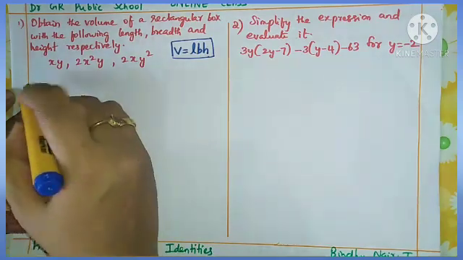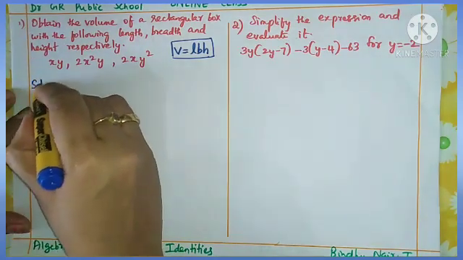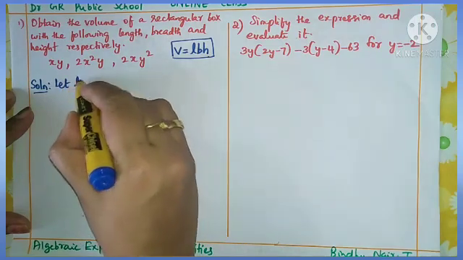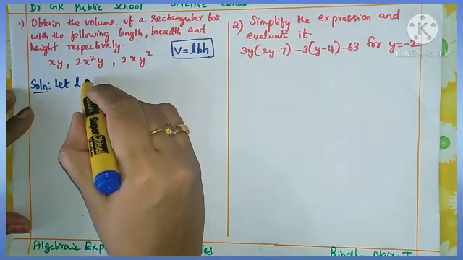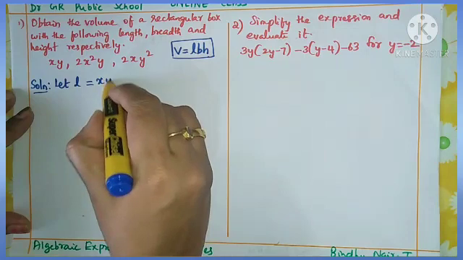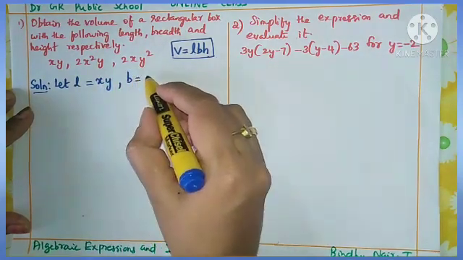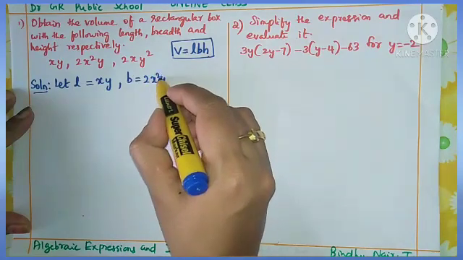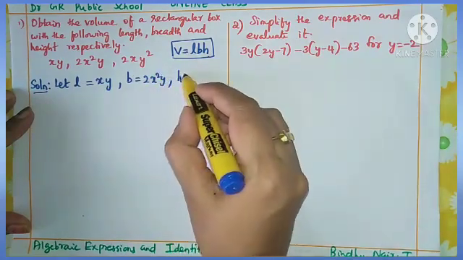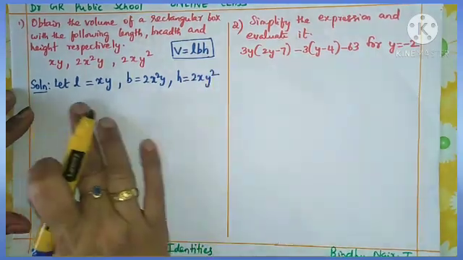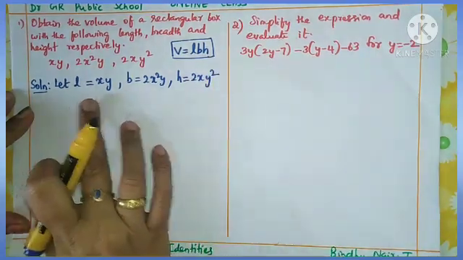So start the solution and write, let L, that is the length of the rectangular box, be xy, the breadth be 2x square y, and the height of the box be 2xy square. So these 3 we considered as L, B and H.